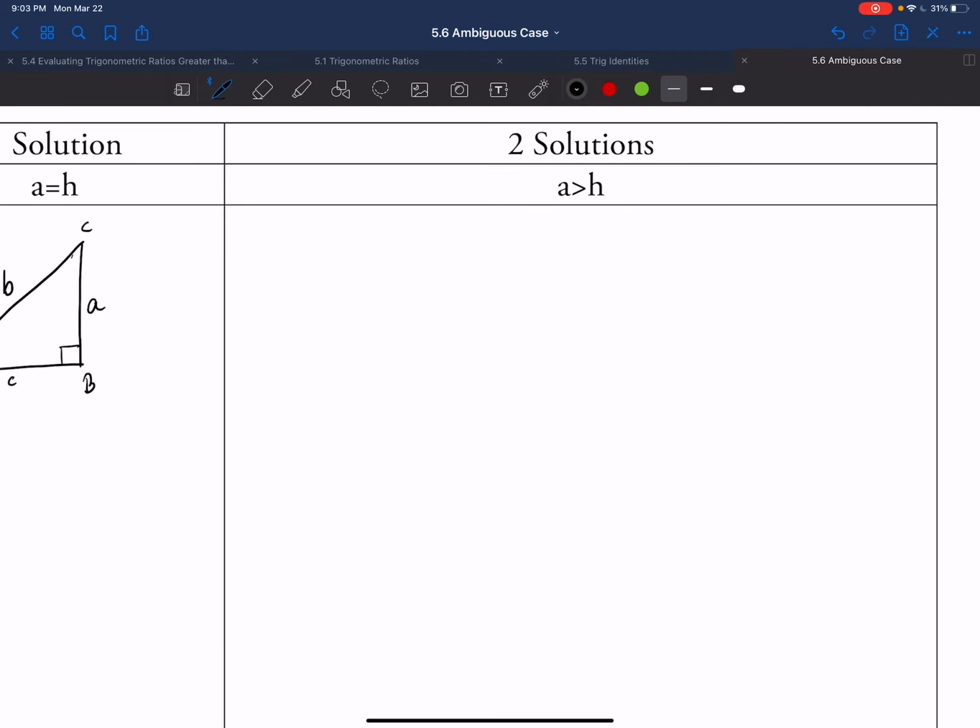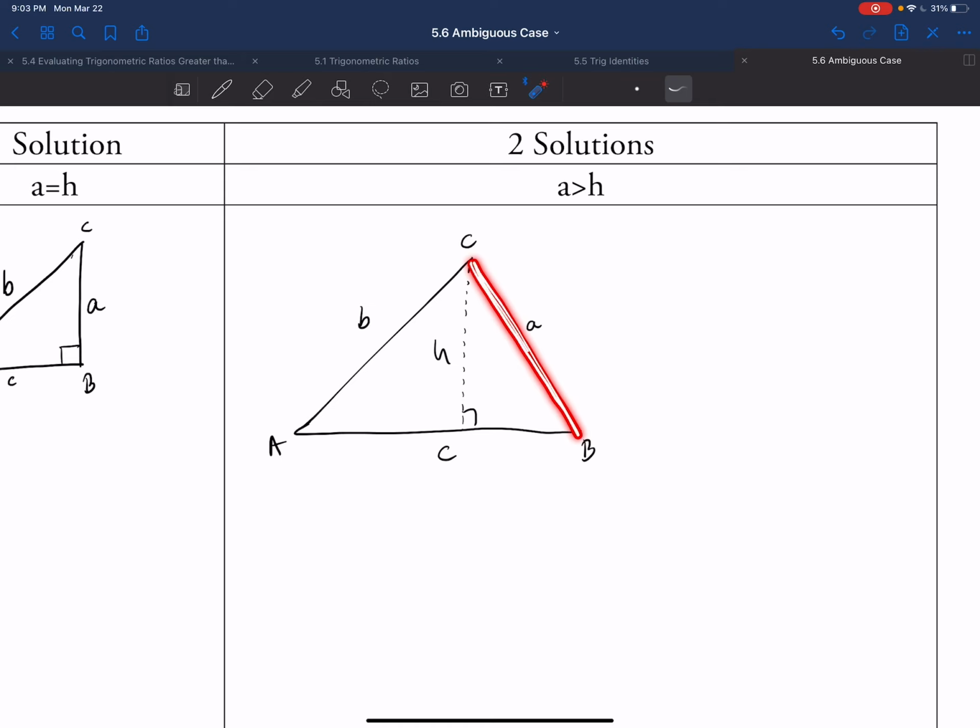Now, what happens when there are two solutions? So A is greater than the height. You could have one solution like this, where side A is not changing the length of that. If I change the angle, none of these work because it would go past, and you can't go past this side and make a triangle.